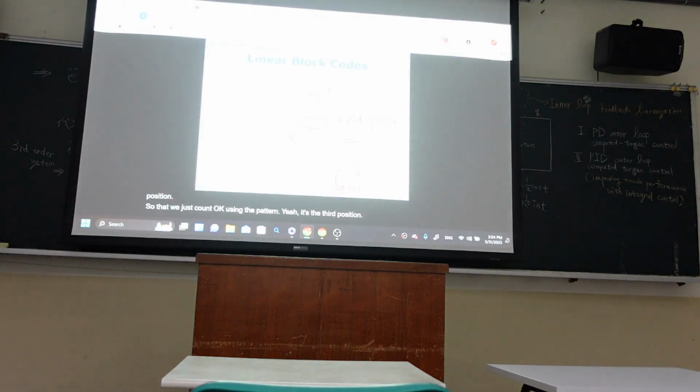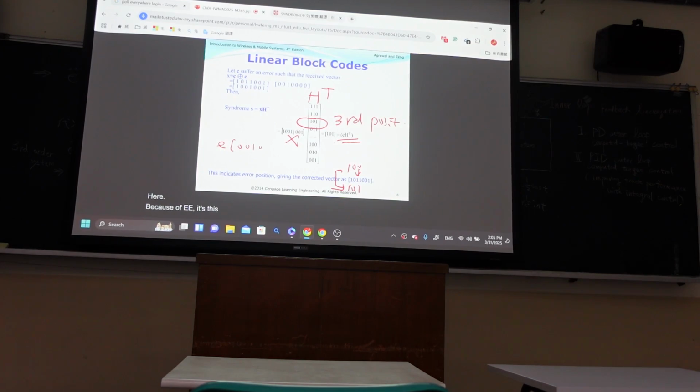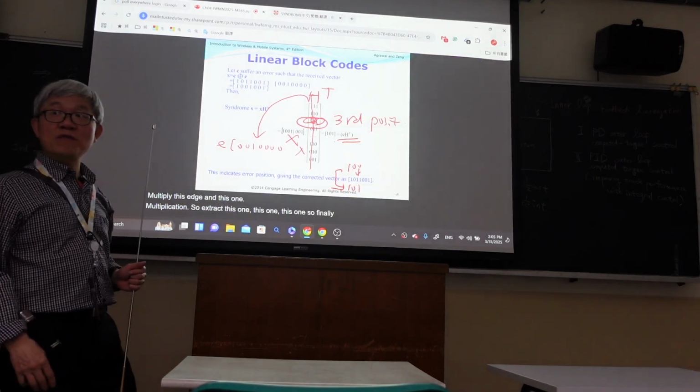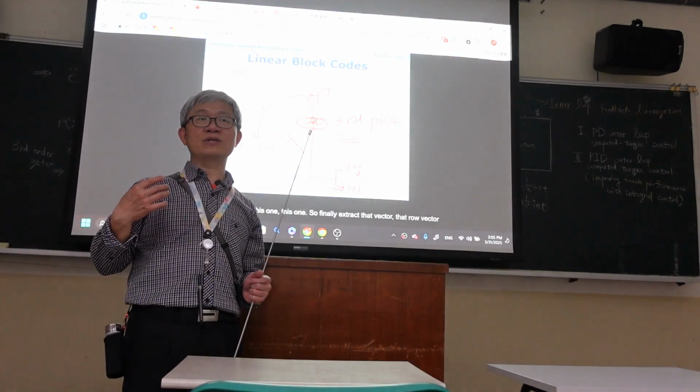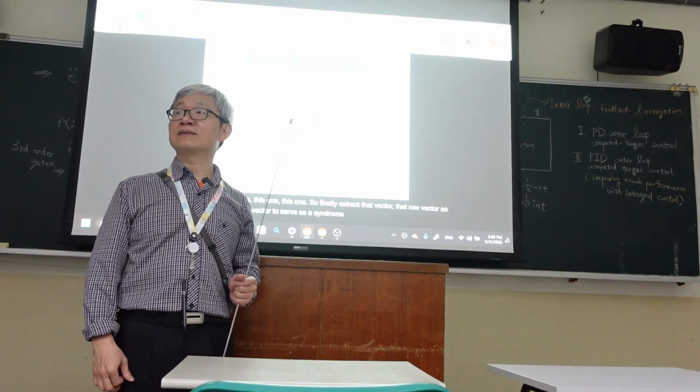Because of this, it's this one. Multiply this error and this one. Multiplication, so extract this one. This one, this one. So finally, extract that row vector, so that we can use the resultant row vector to serve as a syndrome, to serve as a pattern.